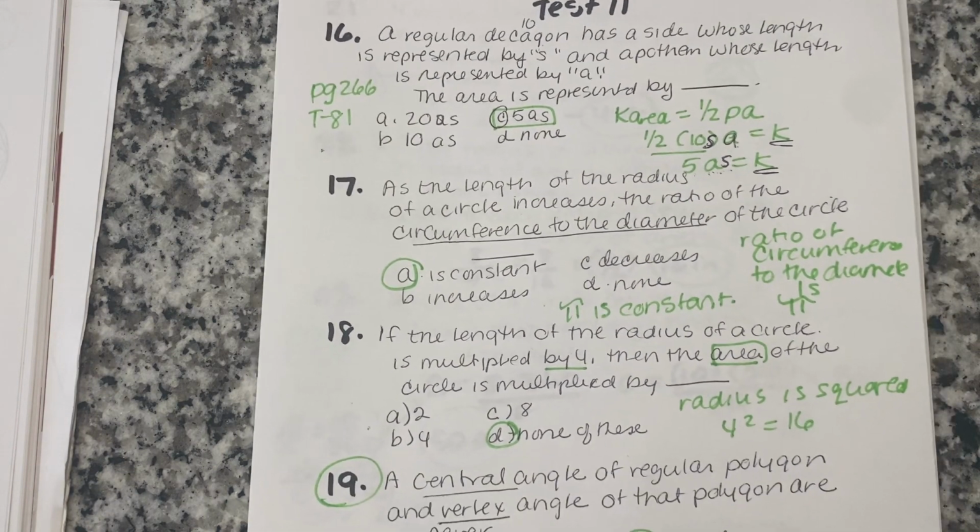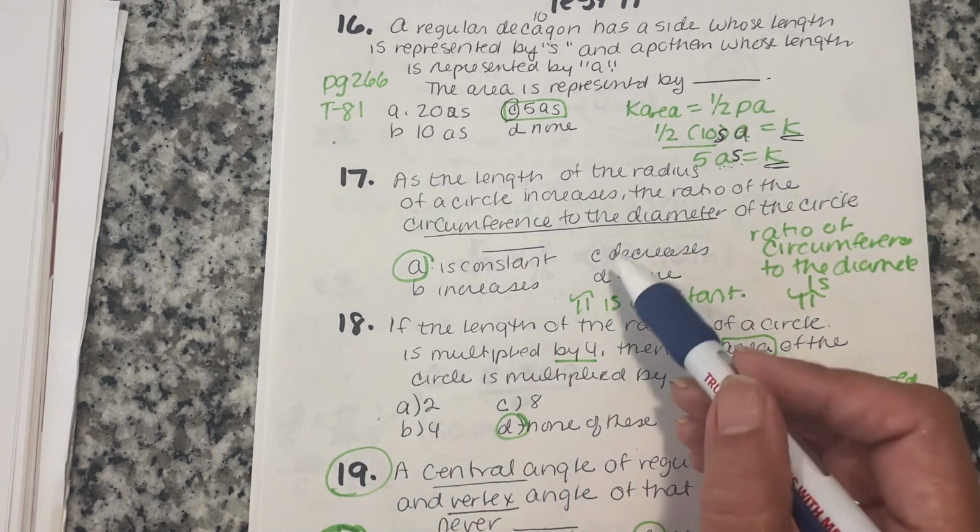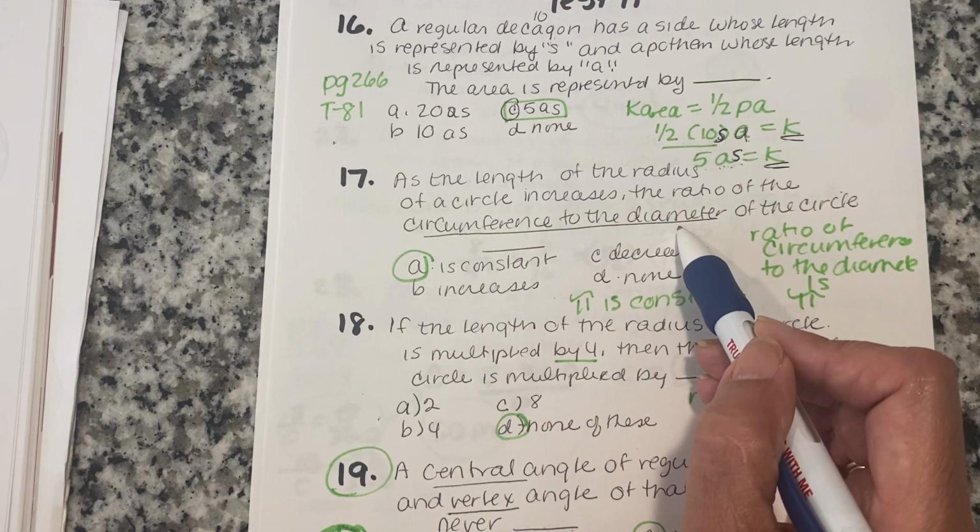Number 17. As the length of the radius of a circle increases, the ratio of the circumference to the diameter of the circle, what? Is this going to change? So what is the ratio of the circumference to the diameter?